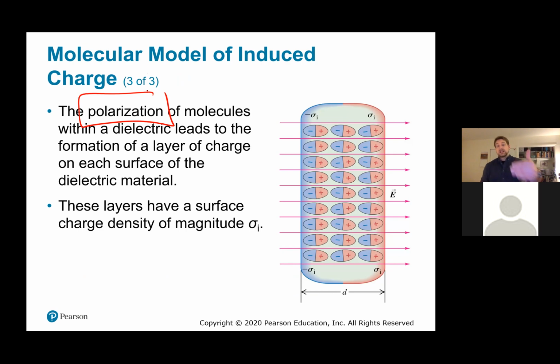We've made the molecules polar and we've aligned them this way. Now, note the dipole moment of a dipole points from negative to positive, and the electric field points the other way.